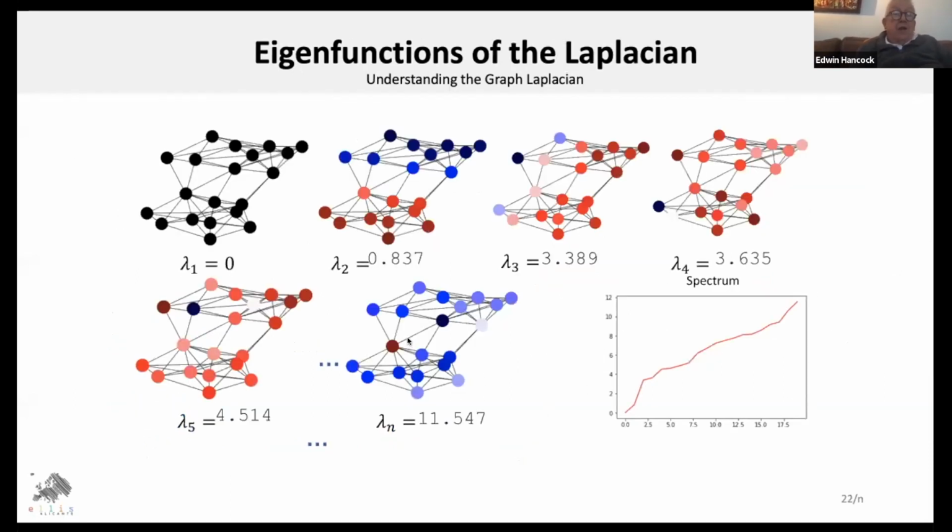So let's now look at the eigenfunctions in order of increasing eigenvalue and visualize them again, showing increasingly positive and increasingly negative components of the eigenfunction in increasing shades of blue and red. Here we see the first solution where all components of the eigenfunction are equal to 1.